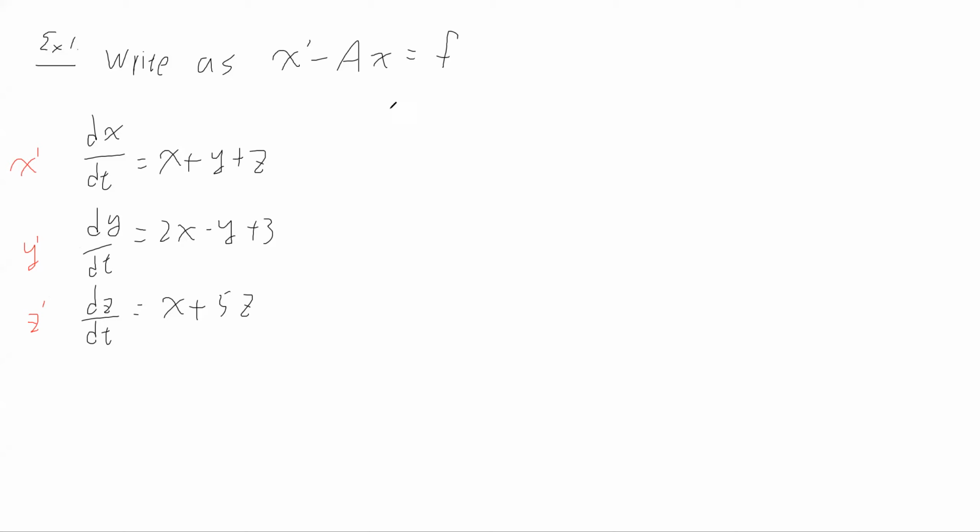So left-hand side, this x prime, we can write that as x, y, z prime, like this. All right, so next we need to figure out ax. So this part right here is going to give us our ax and possibly f.